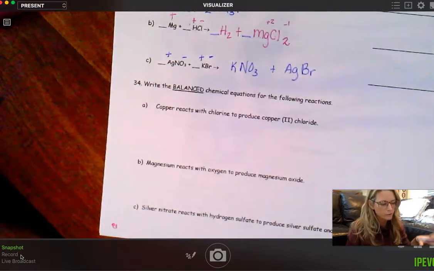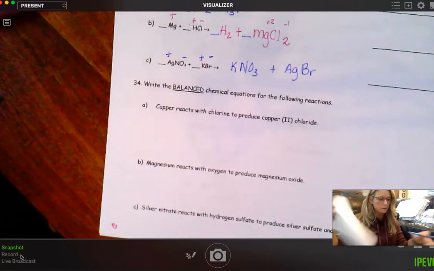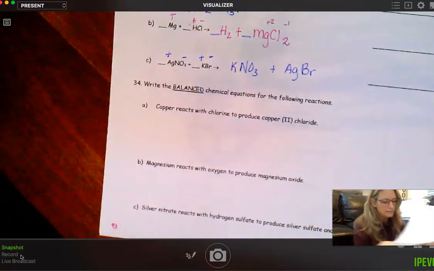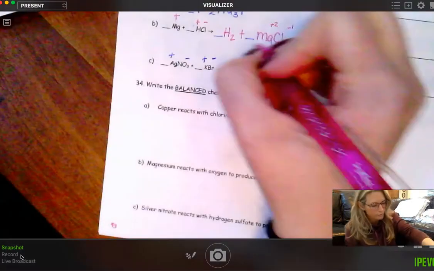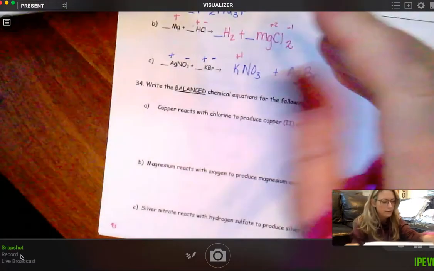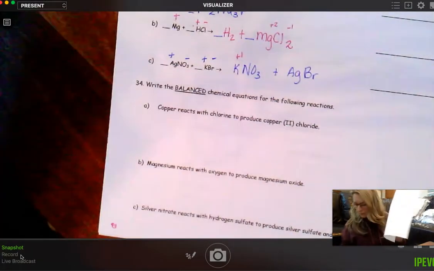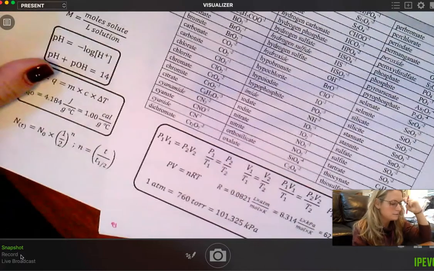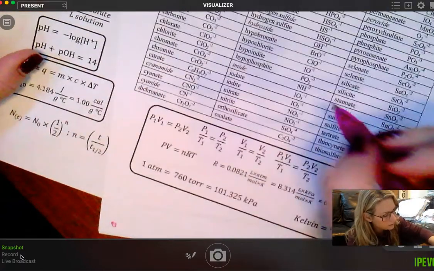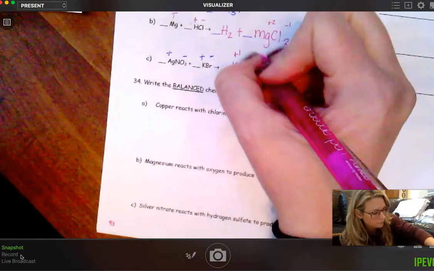Now I have to make sure that I wrote them correctly. Potassium is a +1, so I'll put a +1 right here. And NO3, I need the back of a periodic table here. NO3 is nitrate, so that would be a -1.